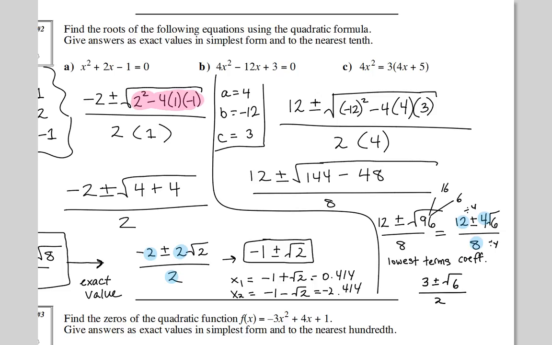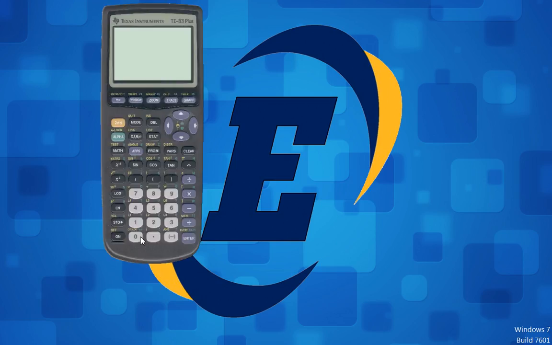Now how to get that in the calculator? This is an example of invisible brackets, especially for those just learning. So that 3 plus root 6, get that value first and then divide. What was in the bottom? A 2? Okay.